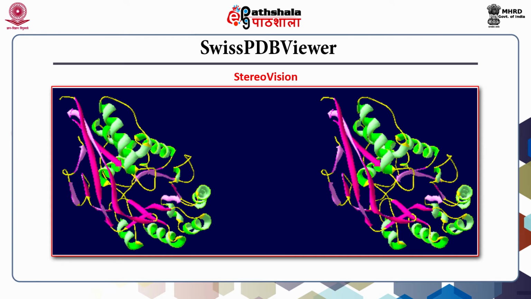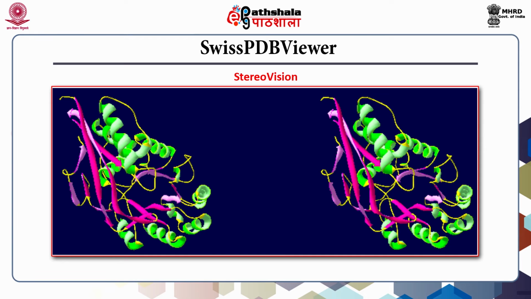Now take away the finger and focus at infinity, that is, beyond the plane of these two images on the screen. The two stereo image structures shown will now appear as four structures, and the middle two structures will start coming towards each other and ultimately overlap.